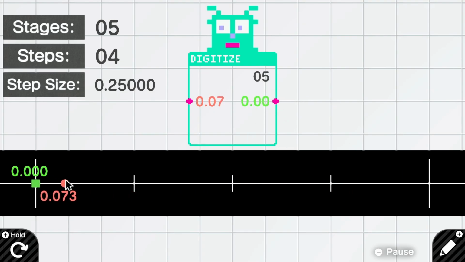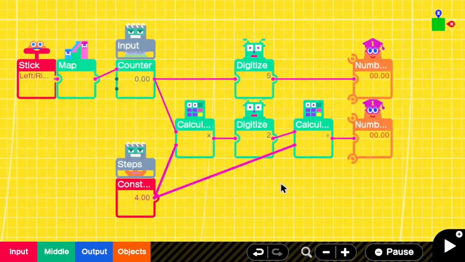Basically, we squished the entire range by 4. So now 0 to 1 is over here, 1 to 2 is over here, 2 to 3 is over here, and 3 to 4 is over here. And the output of the digitize is just multiplied by 4. So that's why after we multiply it by 4, we just divide it by 4 again to put it back to normal.